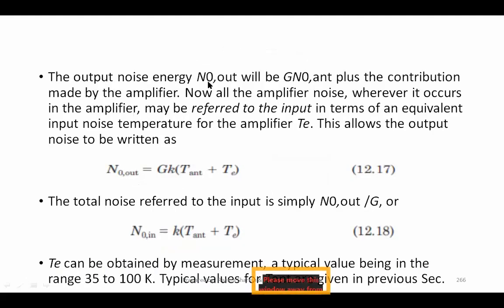The output noise energy, N naught, will be G N0, plus the contribution made by the amplifier. Now all the amplifier noise, whenever it occurs in the amplifier, may be referred to the input in terms of equivalent input noise, because all of these can be termed as input noise temperature.